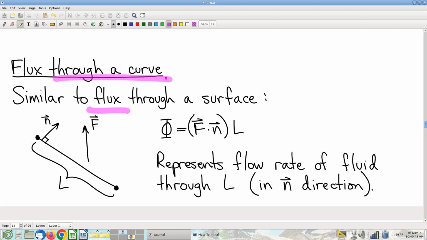But anyway, the big idea is that you could do a highly analogous thing through a curve. And in particular, if you have a curve of a given length, right, the longer the curve, the more fluid's flowing through it. Kind of stands to reason.